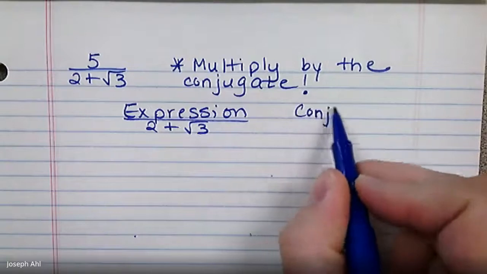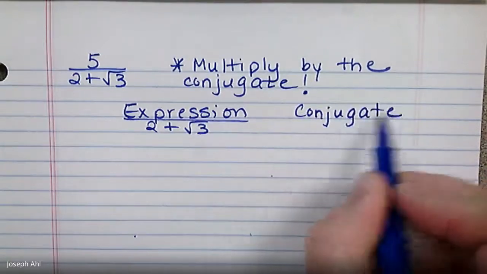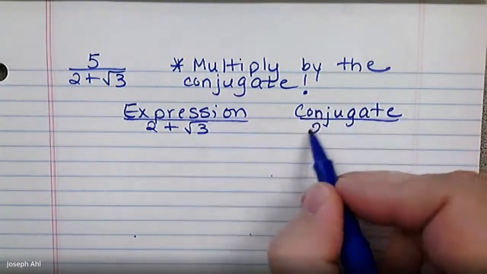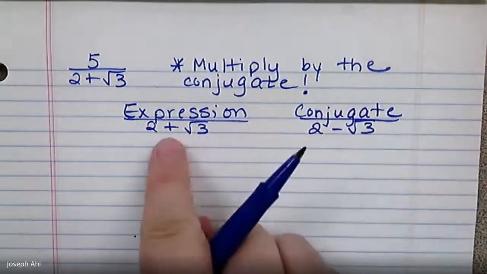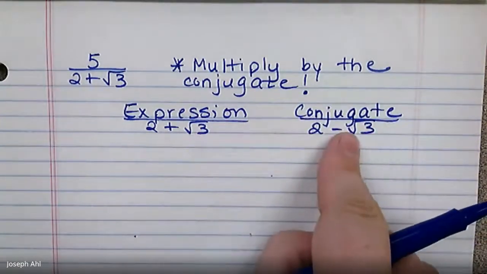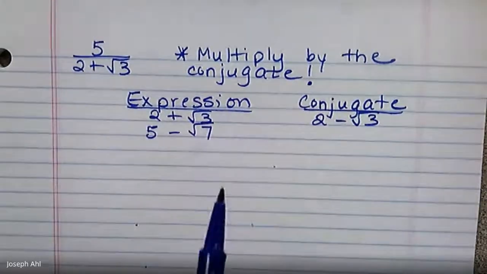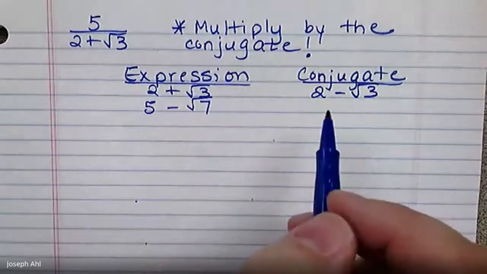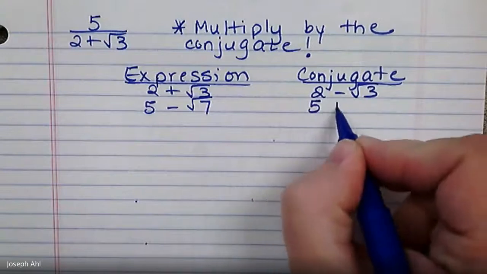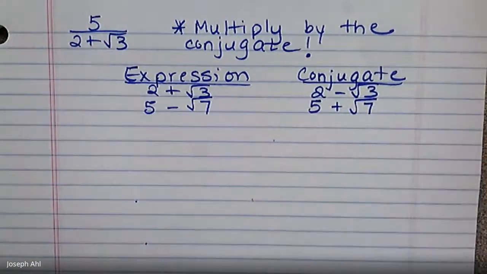The conjugate is very simply the same terms with a minus sign in between. So the conjugate is just changing that middle sign. So if I had 5 minus radical 7 as my expression, I would multiply by its conjugate, 5 plus radical 7, to eliminate the radicals in the denominator.